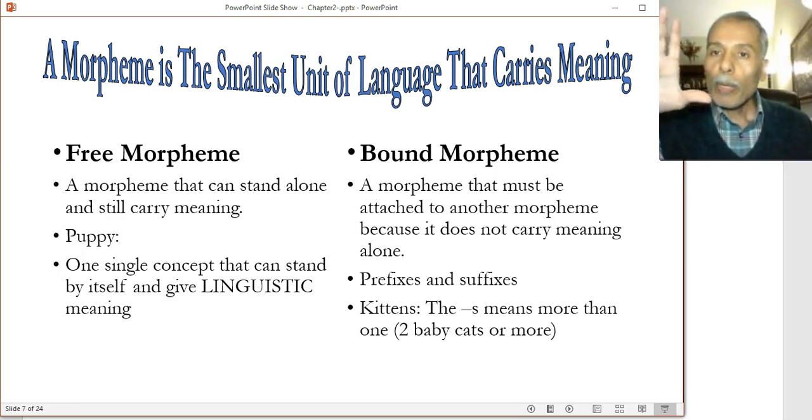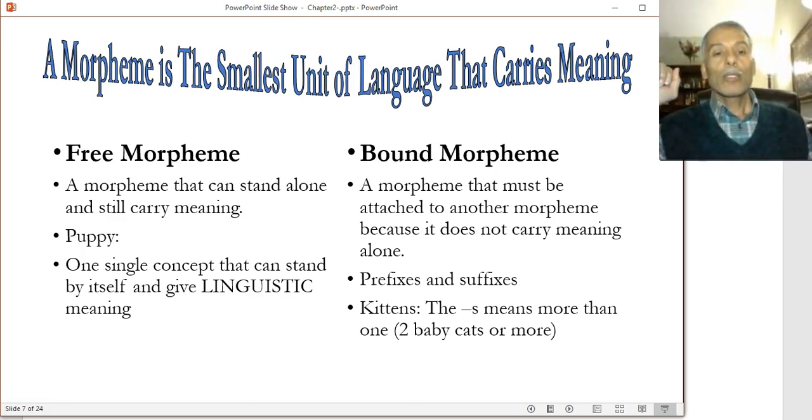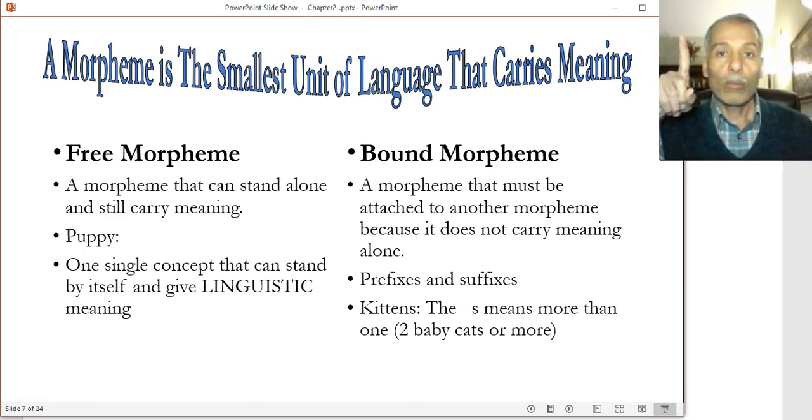If you have a word standing by itself, giving meaning freely, then that is one morpheme. So if you say language, that is one morpheme. It means one concept. Book. If you say cat, ant, hippopotamus, all of these are individual morphemes because each one means one single linguistic concept.